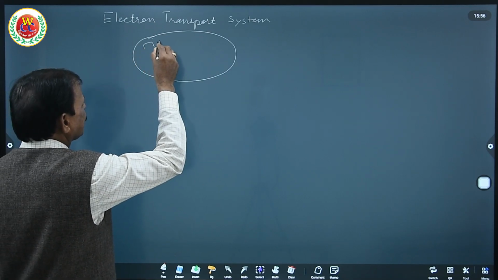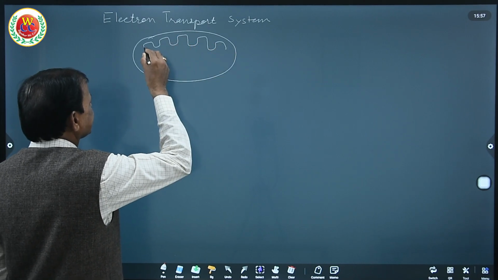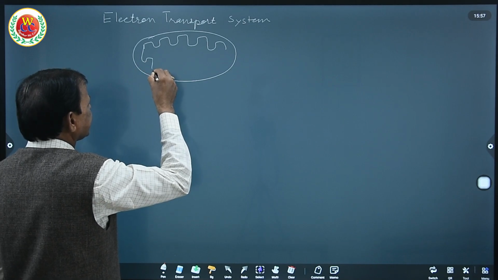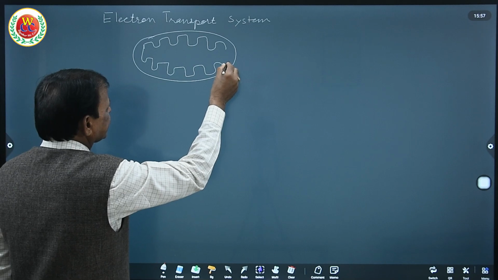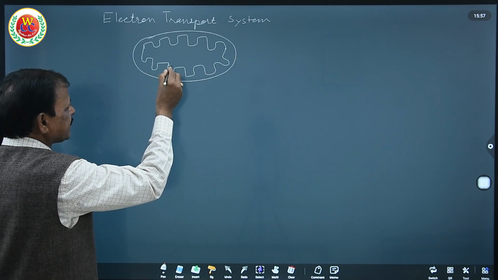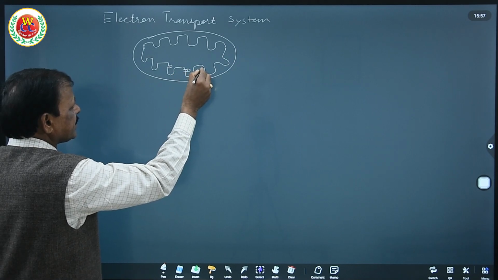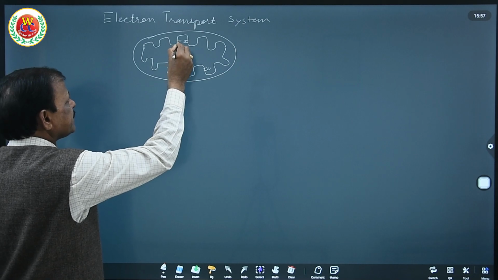Mitochondria has an inner wall having finger-like projections called cristae. These finger-like projections are infoldings of the inner wall, and the ATP synthetase enzymes present in the mitochondria are directed towards the inside.